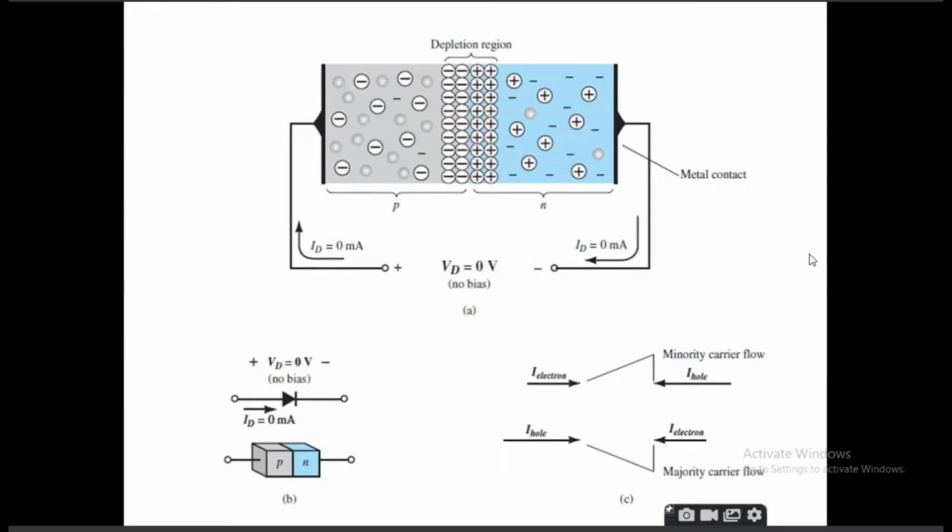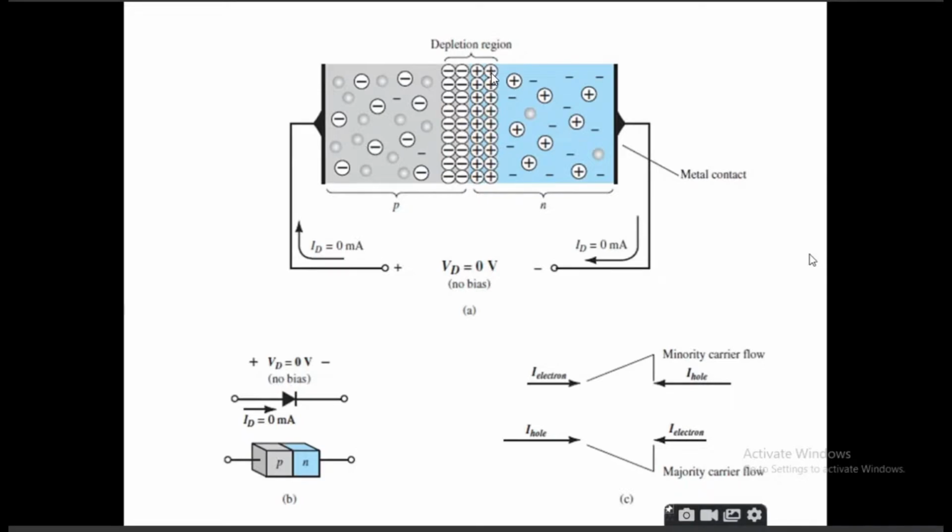The holes, which are large in number, are called the majority charges on the P side, and the electrons, which are less in number, are called the minority charges. So on the P side, you have two kinds of charges: the majority charge and the minority charge.